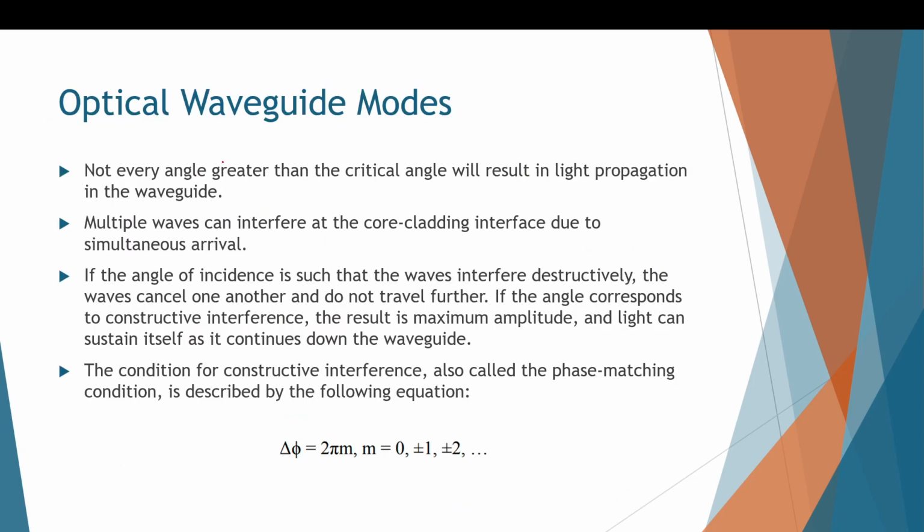So yeah, till now we were saying that for any angle greater than the critical angle, if we look at the ray optic picture, it should bounce back and come as totally internally reflected light, and then this process should continue down the waveguide.